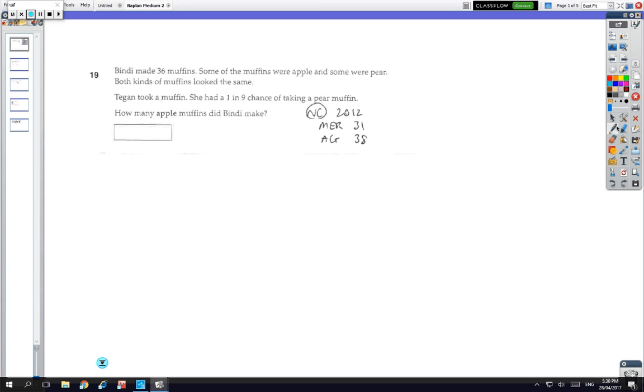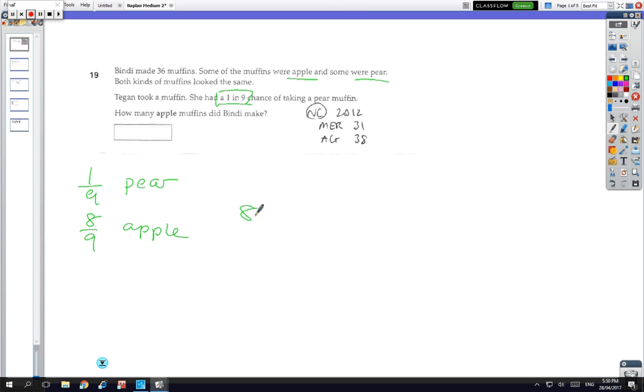Okay, so this one's a bit harder because it's not got any multi-choice. So we've got a 1/9 chance of getting a pear. So that means there's only apples and pears. So if there's a 1/9 chance of being a pear, then there's an 8/9 chance of being an apple.